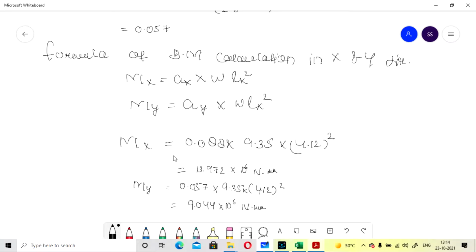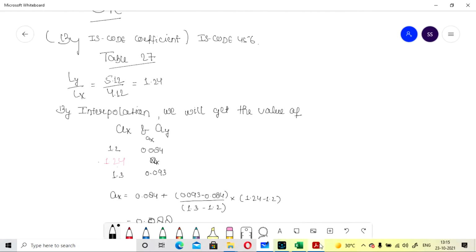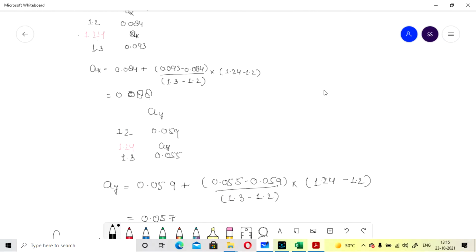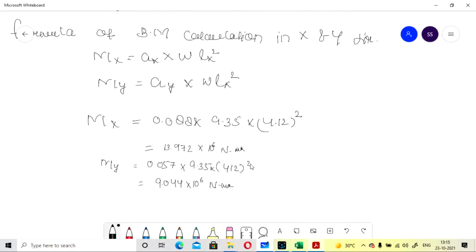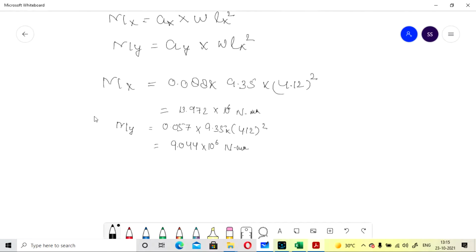So our Mx is equal to 0.088 multiplied by 9.35, that is w that we have calculated here, and lx will be 4.12 square, so it calculates to 13.972 into 10 to the power 6. Similarly for My, it is calculated as 9.044 into 10 to the power 6 Newton mm.